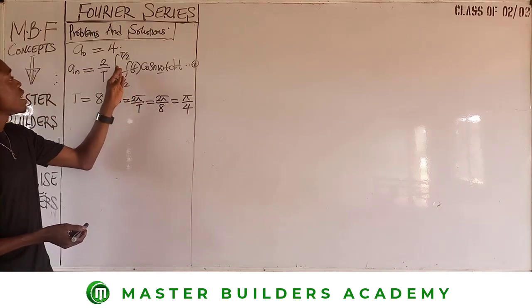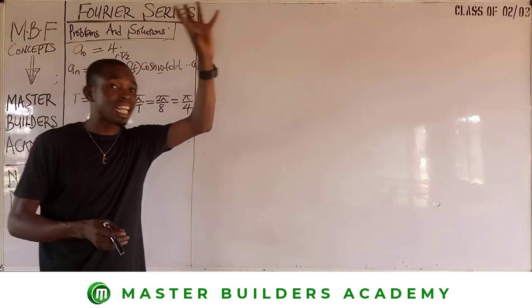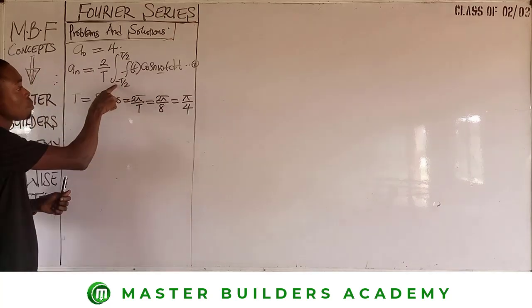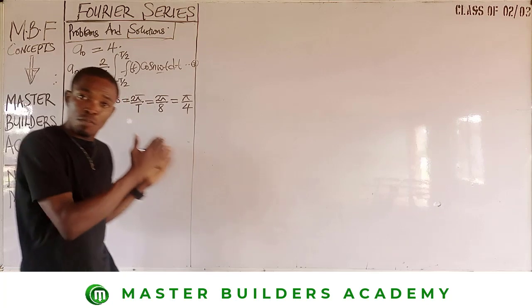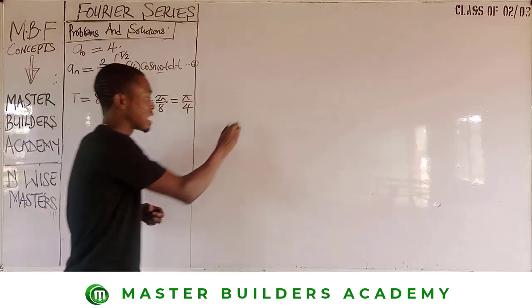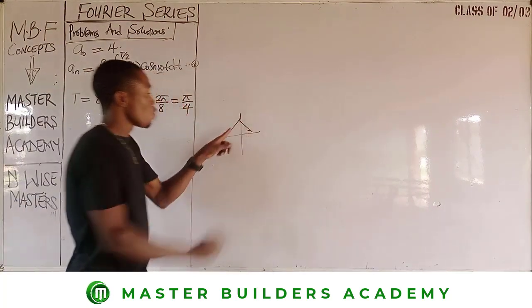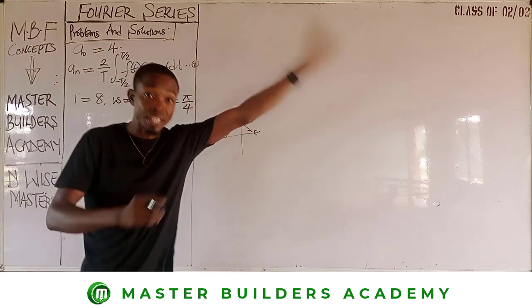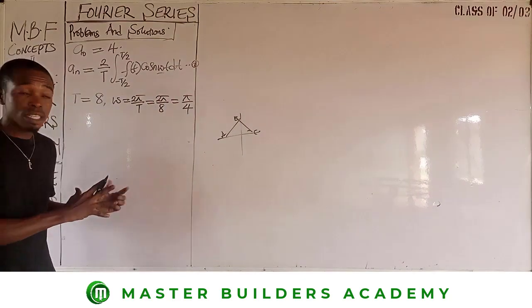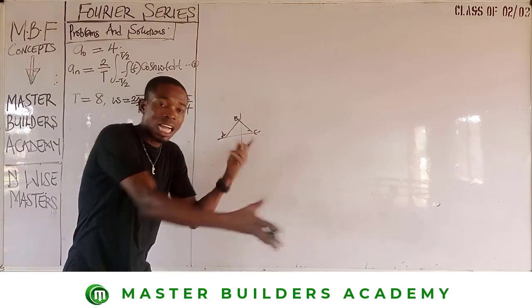If we want to solve this from negative half of T to half of T, it will still give us the two parts of the graph. Remember we had a graph like this: line AB, then B to C. We would calculate for AB, then calculate for BC and add them up.